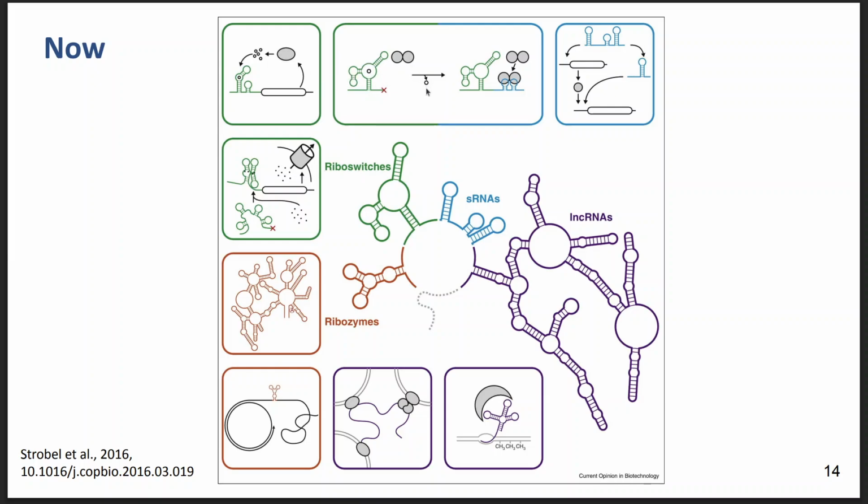Once we have a deficit of this ligand, so we don't have a bound ligand, the structure differs, and it leads to the formation of different structures in the nearby regions, which either block or unblock translation, transcription, or some other mechanisms, or some binding to something.